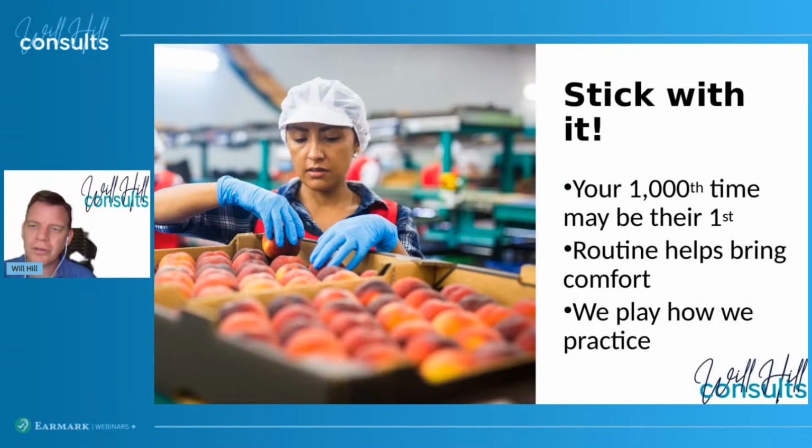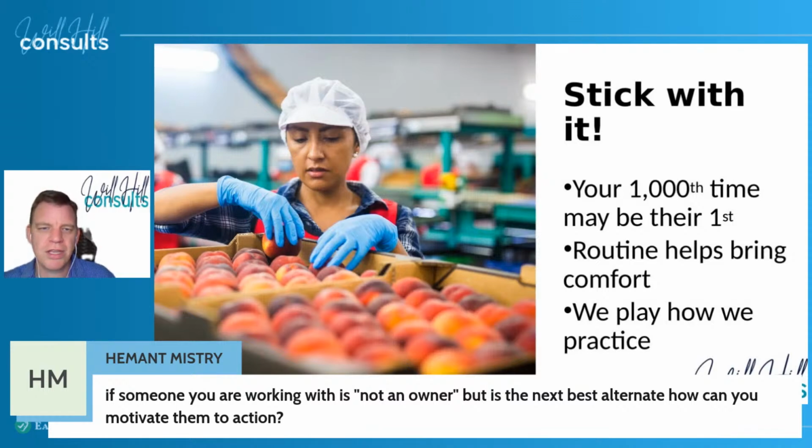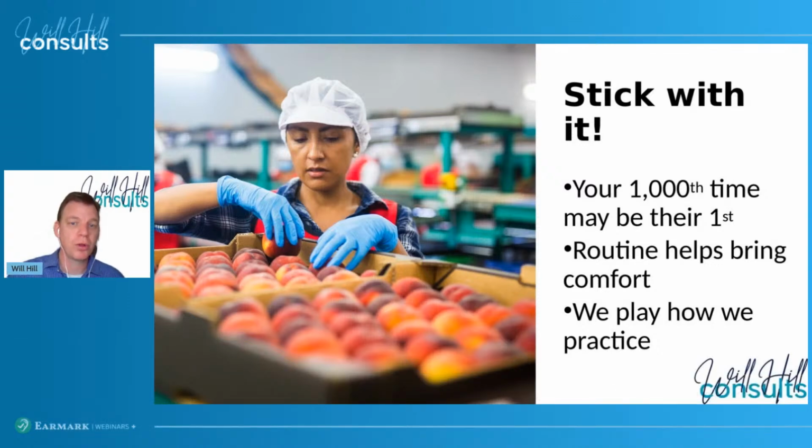Hey, I've got another question in here. I was asking, if someone you're working with is not an owner, but is the next best alternate, how can you motivate them to action? So this is a great question. I appreciate you putting this up there for us as well. I think one of the things is good context. They're not the owner. So what is going on in their mind, right? I need to know what they're thinking.